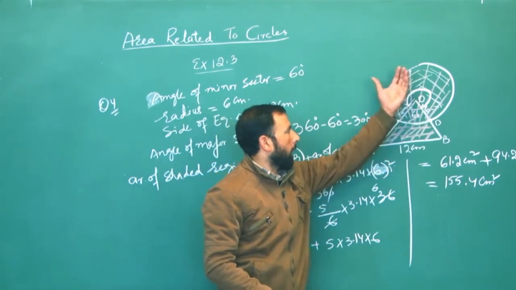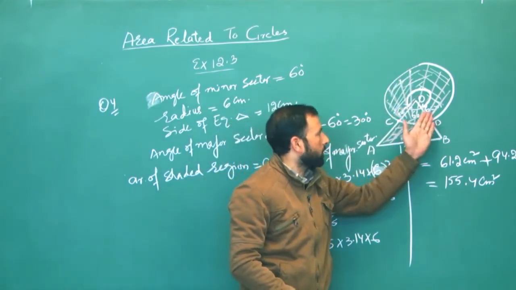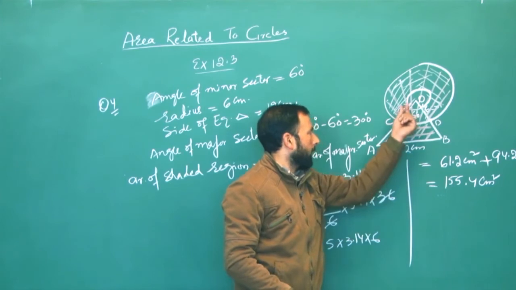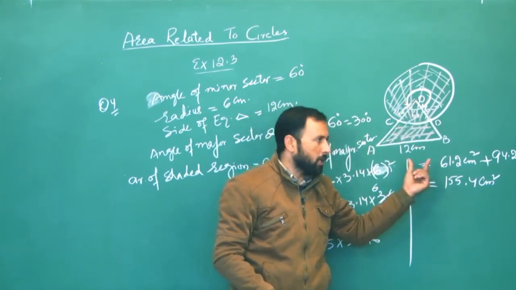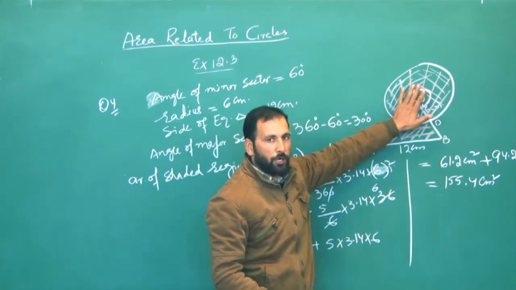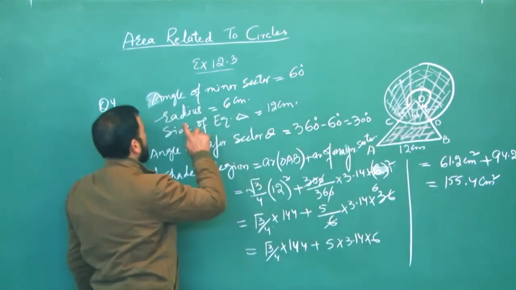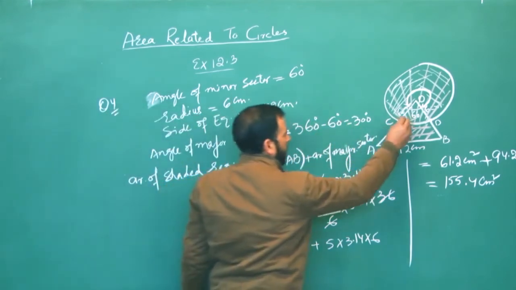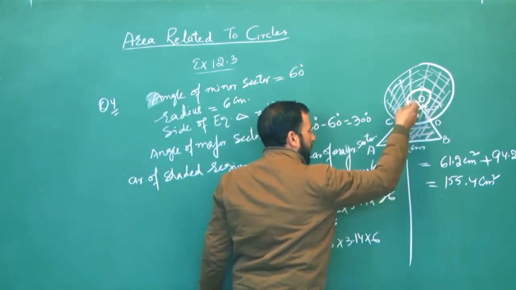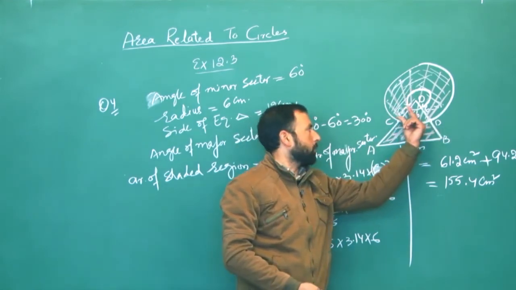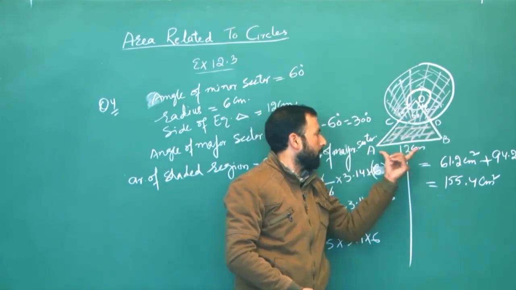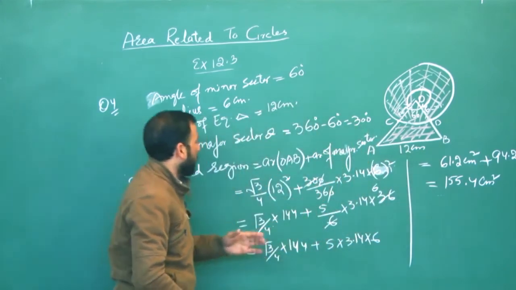So here we have a circle whose radius is equal to 6 centimeter and the equilateral triangle OAB whose sides equal 12 centimeter each. We have to find out the area of the shaded region. First of all, the angle of the minor sector is 60 degrees. The radius of the sector OCD is 6 centimeter and the side of the equilateral triangle is 12 centimeter.